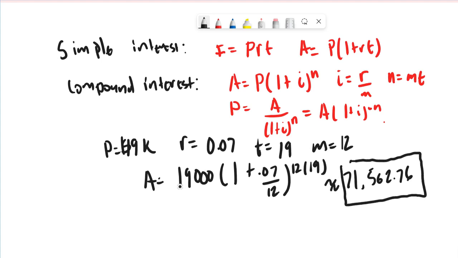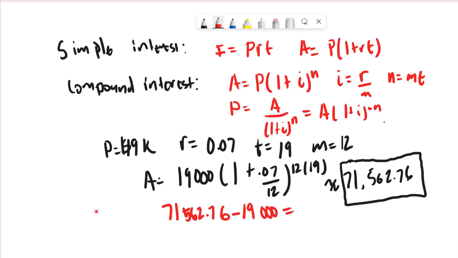Okay, now suppose that you wanted to find the amount that it accrued, like, the interest rate. Not interest rate, but the earned interest. Sorry. So if you want to find the earned interest, then in that case, you would take the amount that was earned, $71,562.76, minus how much was deposited, $19,000.